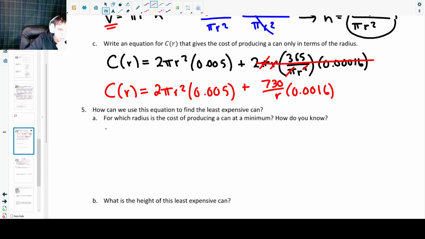Okay. So first step, we have to take the derivative of this. Fortunately for us, it shouldn't be too bad here. So c prime. Our only variable here is r, so it's going to be 2, right? The other things are constants here.